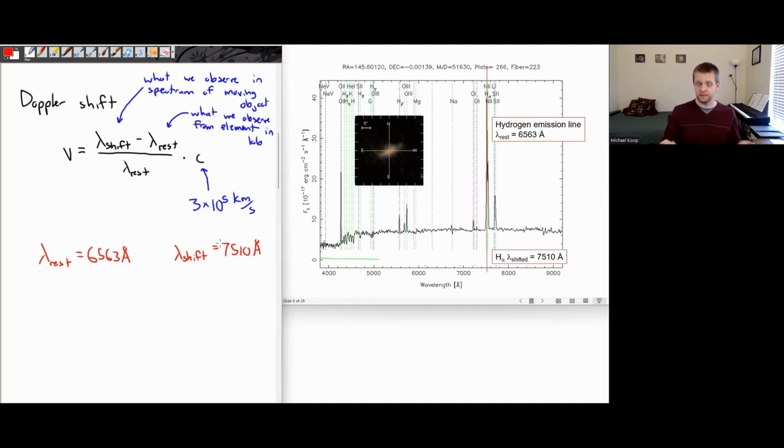And once again, we can use the Doppler shift equation. So velocity is the shifted wavelength, 7510, minus the rest wavelength, 6563, over the rest wavelength, and then multiplied by the speed of light. So once again, I recommend doing the subtraction first.